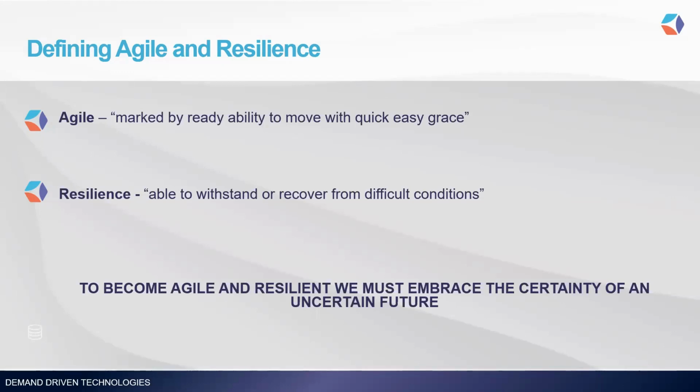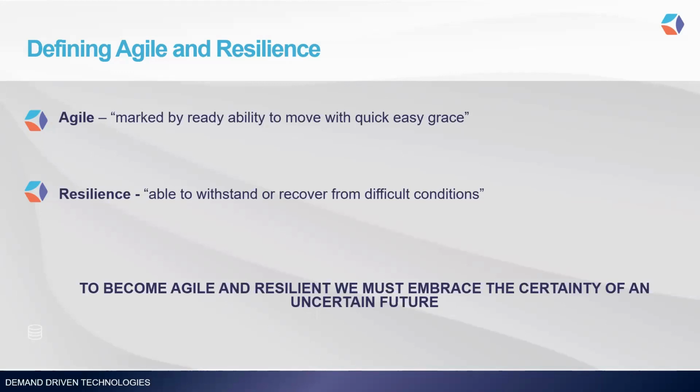I think the most important part of all of this is that even in the name of what we do, supply chain planning, we have to embrace the idea that it is a fact that we will have an uncertain future. The more comfortable we become with embracing the certainty of an uncertain future, the more able we will be to deal with whatever variations come our way.